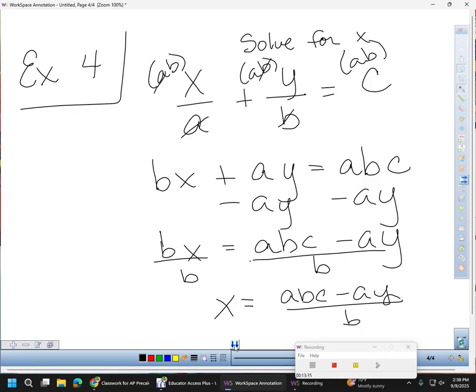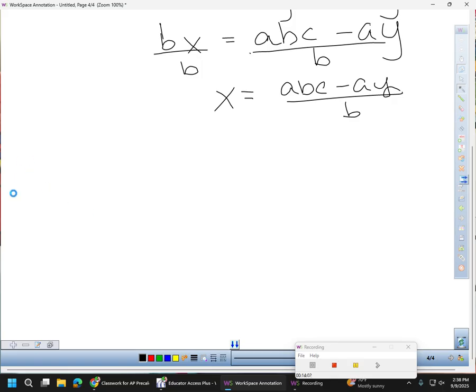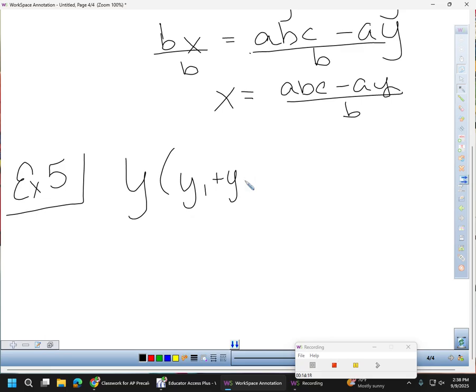All right, example number 5. Let's say I have y times (y1 plus y2) equals y1 times y2, and I want to solve for y.